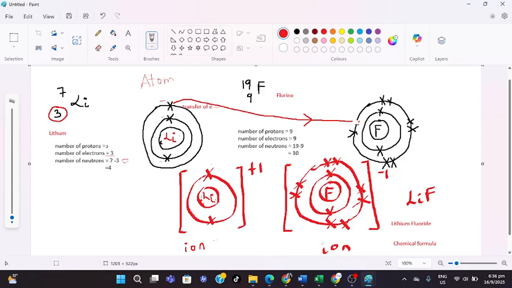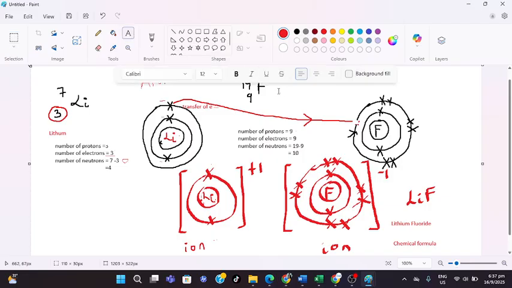I think I spelled fluorine wrong. Let me correct that. Yeah, I spelled fluorine wrong. Nobody's going to ask me a question: why do I call it fluoride and not fluorine anymore?